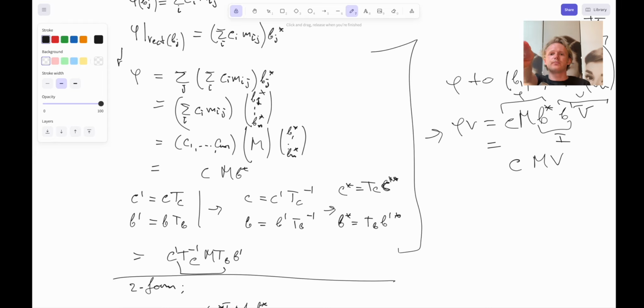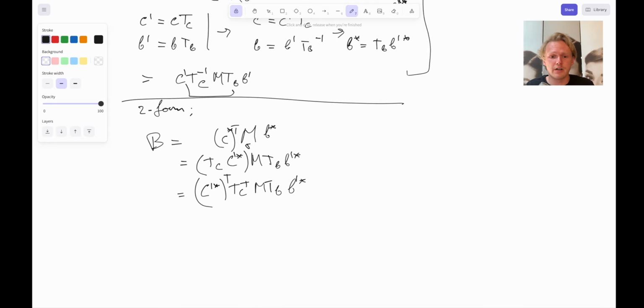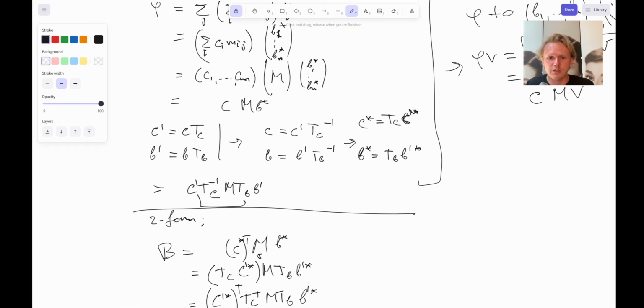So I hope this will help you and give you some ideas. Maybe you may want to try to extend this theory to tensors of higher rank. Then instead of a basis, you need to take a tensor product of bases. So it's a little bit heavier, but it's still doable.